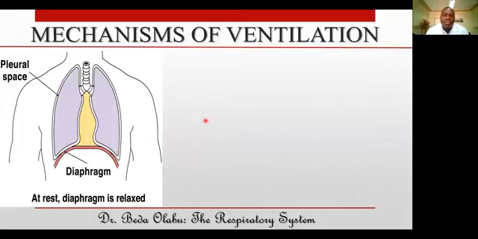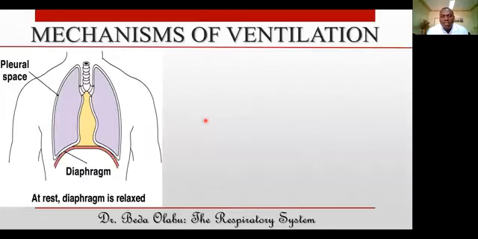So understand that if you want to breathe in, you must increase the volume of the chest cavity so that the pressure within the chest cavity goes down, and that makes atmospheric air enter into the lungs. And if you want to breathe out, then the lungs simply collapse and air goes out.